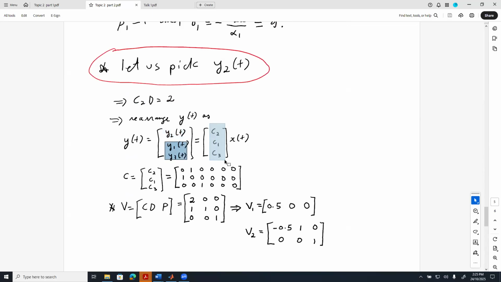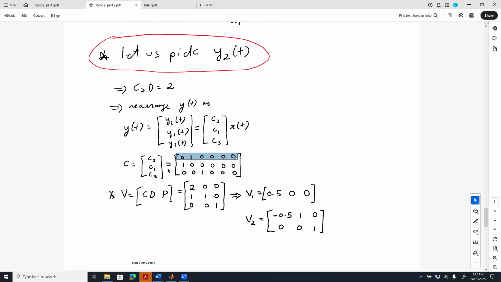So this new C matrix is such that its first row corresponds to the second output measurement. And so if that's the case, CD will be 2, 1, 0, and we select the matrix P again in this special structure, 0 and identity.